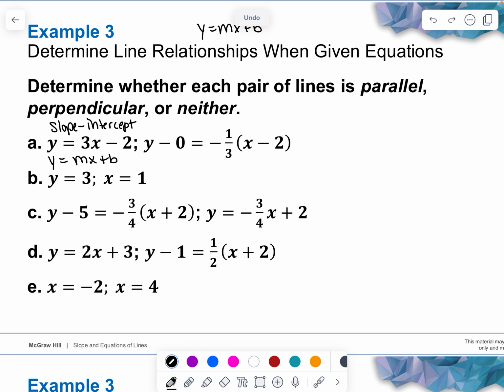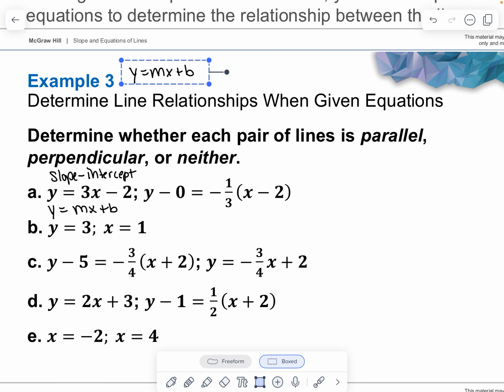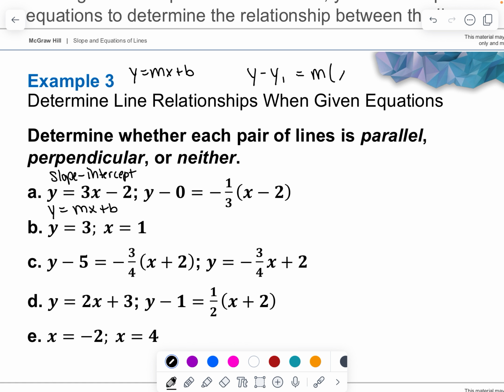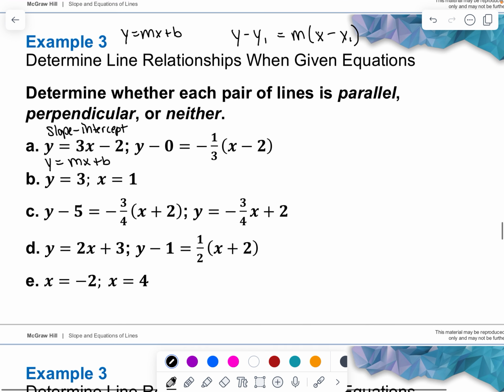And my other one was y minus y1 equals m times x minus x1. Those are my two options. This one was slope-intercept.